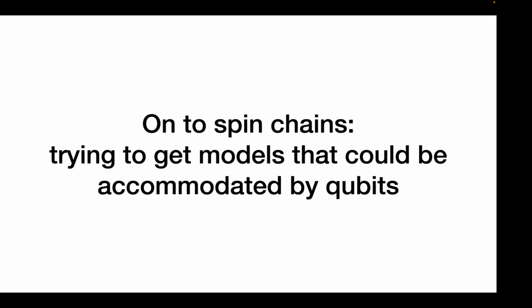Okay, so now that you have this theory with a commutative Q variable at each site with non-trivial Poisson brackets, I want to go to theories where the variable Q is not something that can take a continuous spectrum, but something that's better behaved from the point of view of quantum computing, meaning that in principle, I can accommodate it into qubits as opposed to an infinite Hilbert space. When I do that, I need to play games.